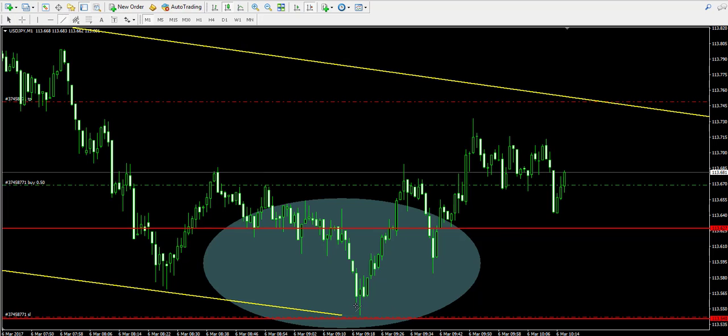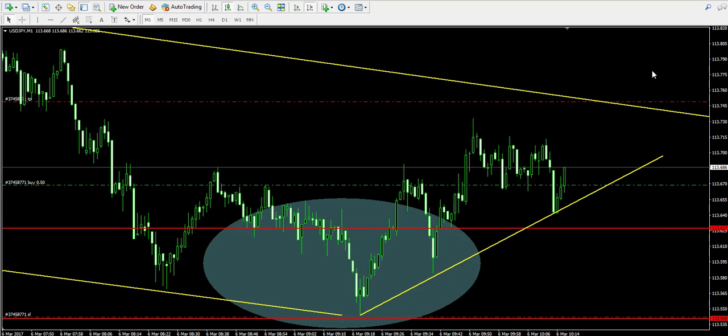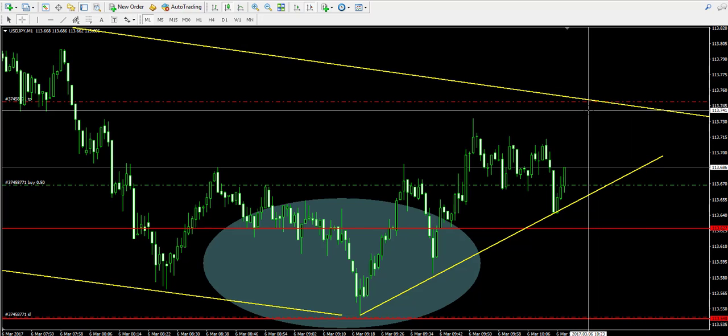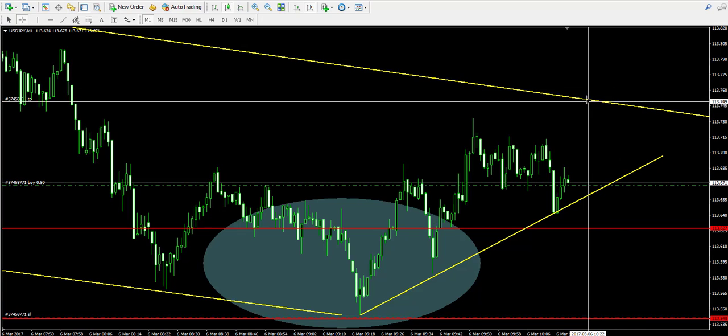The good thing is that on the 1 minute chart we notice a price tendency in bullish direction, meaning that a bullish impulse is on its way now, which supports our theory that the price will keep increasing, reaching maybe our take profit order, which is now at 113.75. 113.75, yeah, exactly.